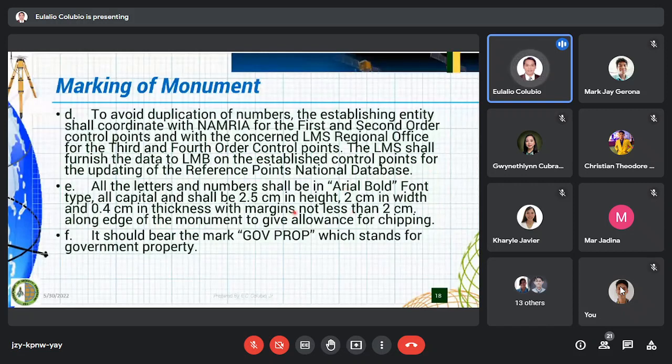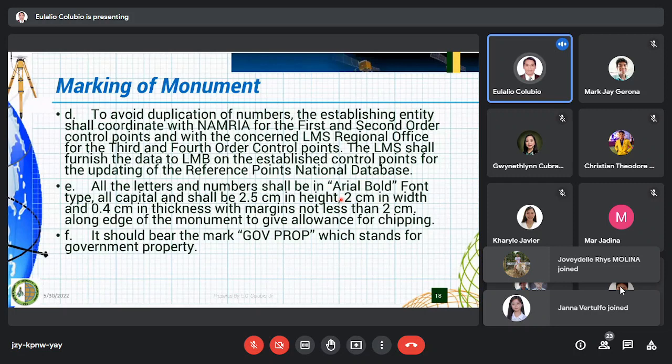And in all capital letters with a minimum height of 2.5 centimeters and the width of the letter, no? 2 centimeters. So 2 centimeter mga waka about 1 inch ang iyang kuan, no? Ang iyang width, no? Ang height is 2.5 medyo taas gamay.